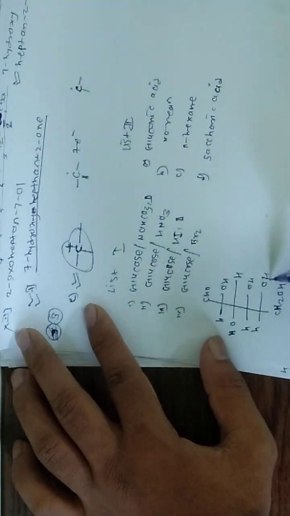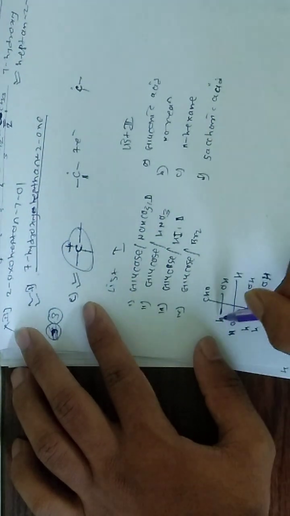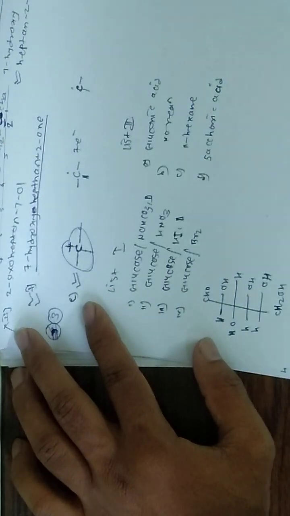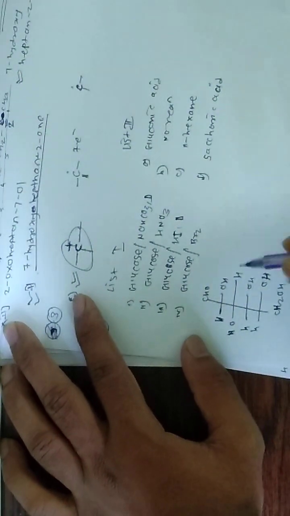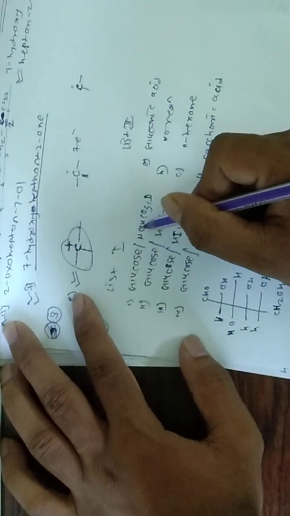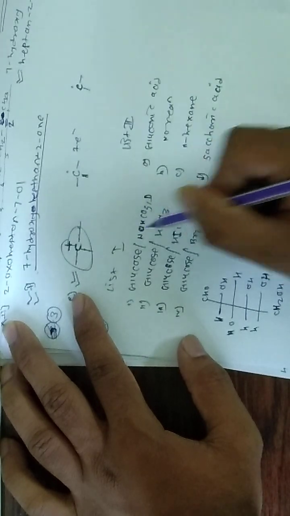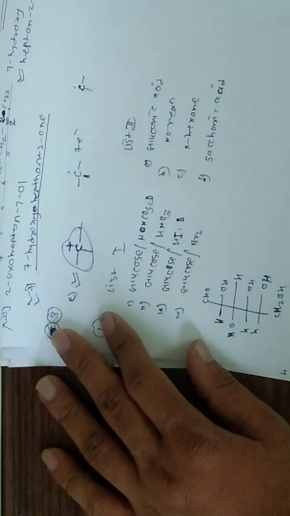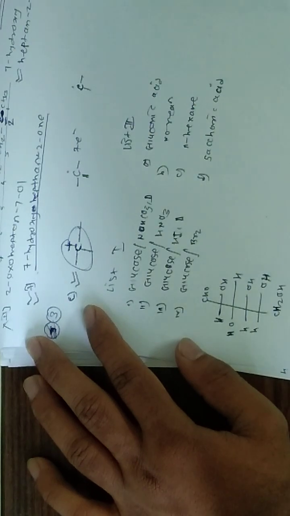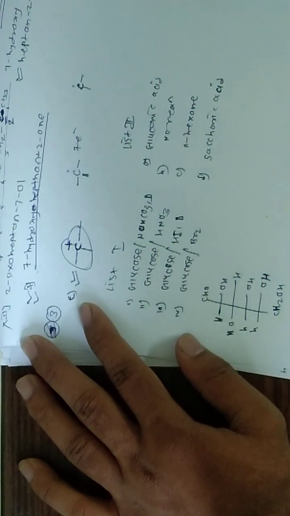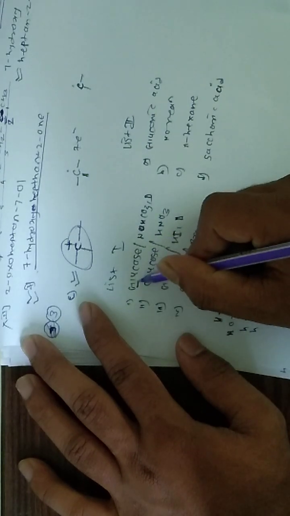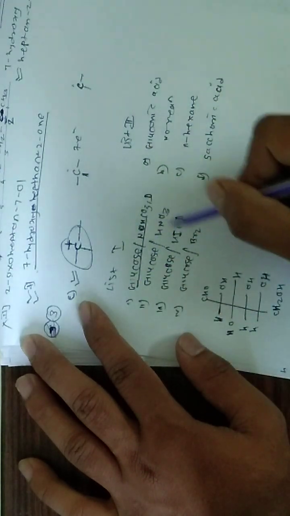Here in glucose there is no strong acidic hydrogen, H plus, because NaHCO3 is a weak base, so it requires a strong acidic hydrogen. Therefore, if we react glucose with NaHCO3, there is no reaction.